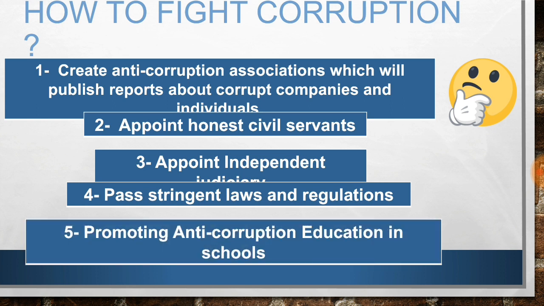And lastly, if we want to fight corruption, we need to promote anti-corruption education in schools, including primary schools, middle schools, secondary schools, and even university. The goal of anti-corruption education is to raise the awareness of the young generation concerning the bad, dangerous consequences of corruption at the level of the individual, the society, and the country.